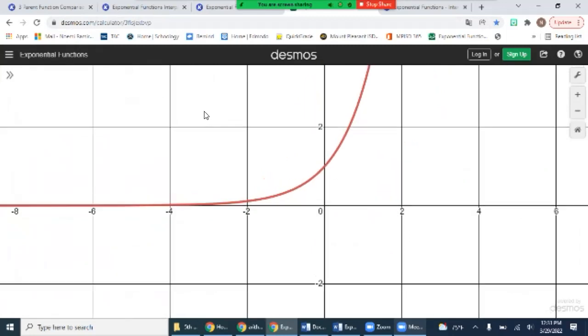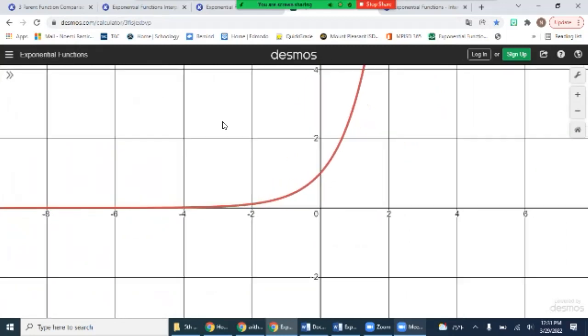Where's my x-intercept? Where's my 0? At (0, 1), but (0, 1) is a y-intercept, not an x-intercept. I'm asking for the x-intercept.